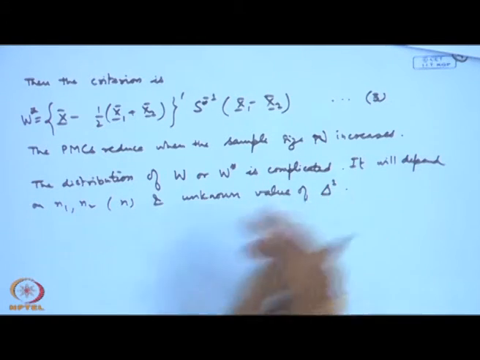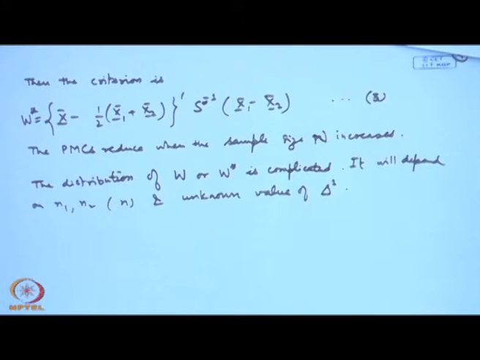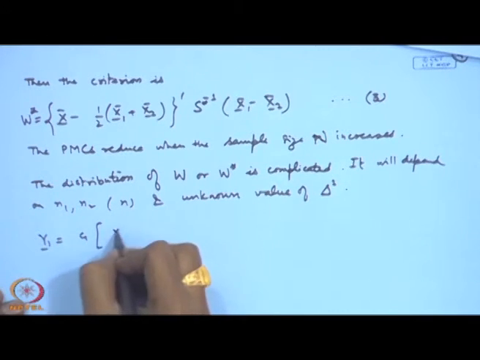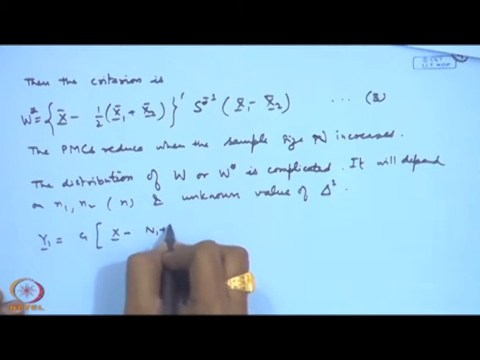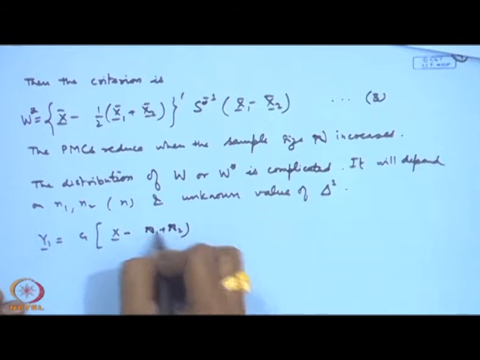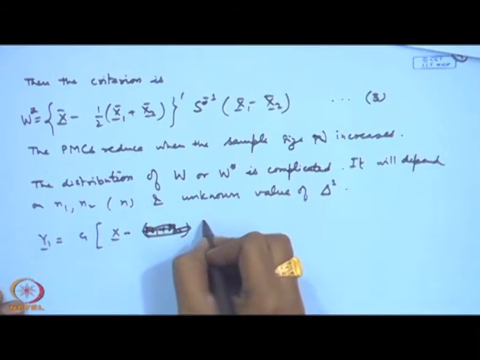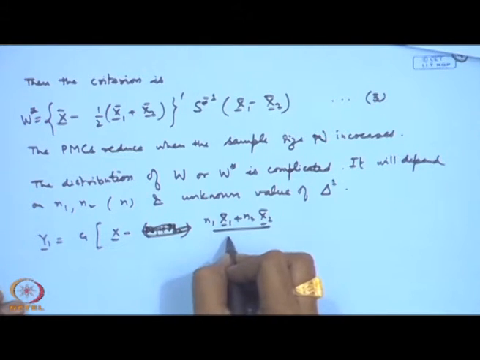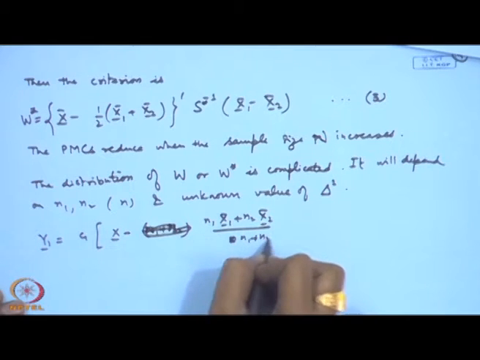I will give some representations here, and in fact, some work has been done by various authors on the distribution of W and W star etcetera. So, let me just mention briefly some of these facts here. One representation is given in this particular fashion, that we can consider say y 1 vector as C 1 times (x minus (n 1 x 1 bar plus n 2 x 2 bar) divided by (n 1 plus n 2)).